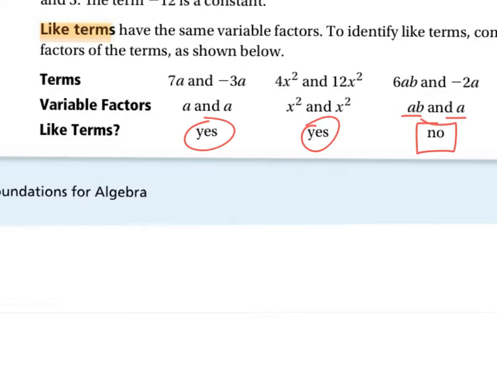Those are not exactly the same, so those are not like terms. And again, the significance there is that if they're like terms, we'll be able to combine them together. We'll be able to add them or subtract them.